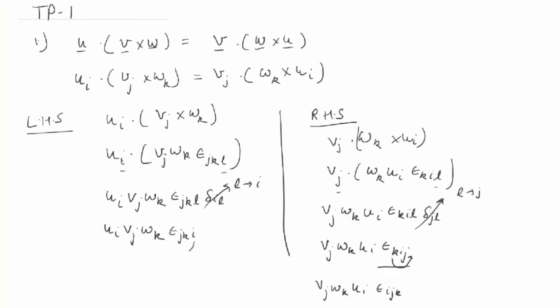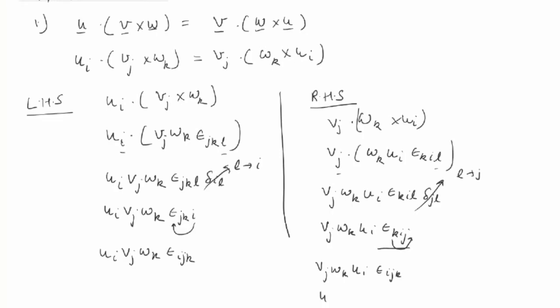Here also I can take i to this side, and this becomes ui vj wk e i j k and ui vj wk e i j k. So these are the same now, and we have proved the equality that these two quantities are the same.